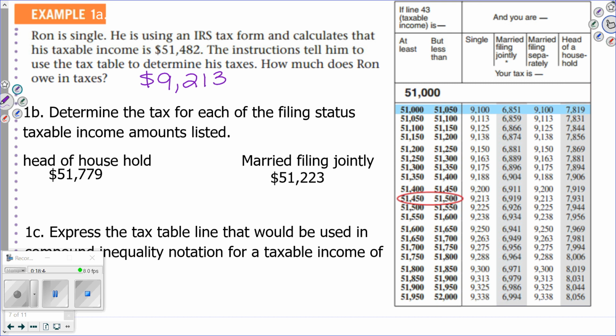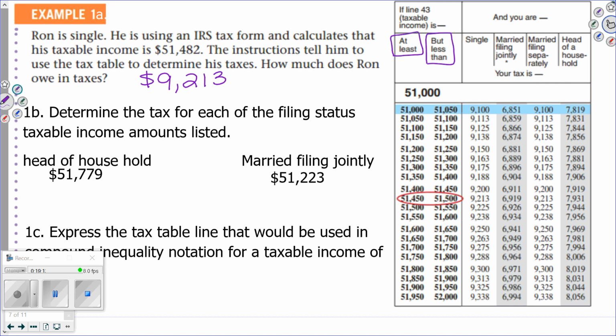Okay, but I want to make sure we're clear on how these tax tables are read. Also, take a look at the top, because I want to make sure we're clear on something else. Do you see how 51,450 shows up in two spots? They're always like that. Look at the top. It says at least, and then but less than. So if I made, we'll say, 51,600, which interval would I fall in?